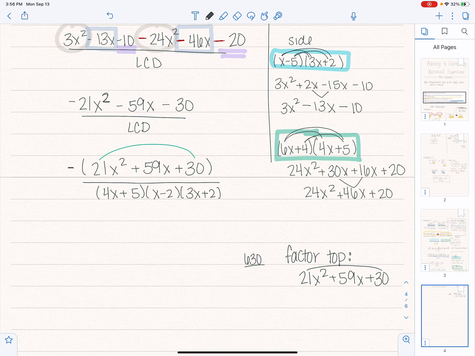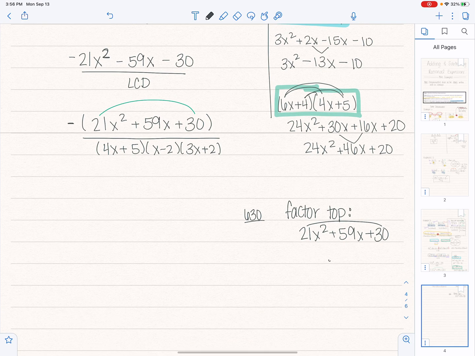Holy cow. The good news is on your test, they will not be nearly this large. So we are working off to the side. We're looking for numbers that will multiply to 630 and add to 59. And I'm just trying to find how this thing factors. Thankful to computer programs. Now, I wouldn't give you this big of a question on the test.